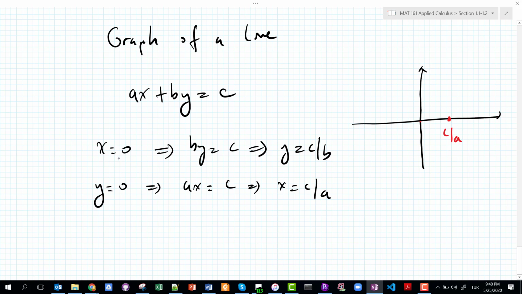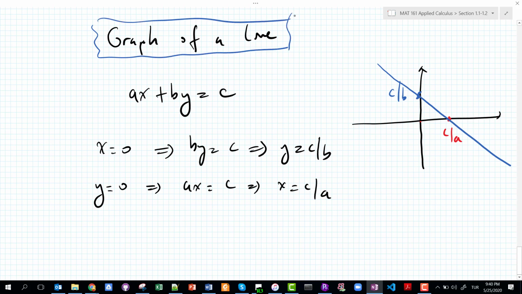When x equals 0, y is equal to c over b. Now just draw your line passing through these 2 points. That's going to be the graph of the line. That's the simplest way to graph your line, guys. Just set x and y to 0 and figure out what they are going to be.